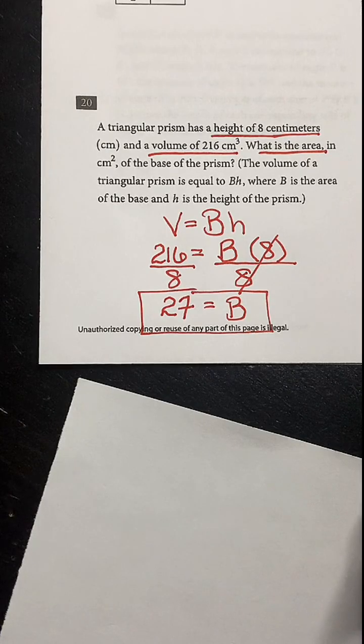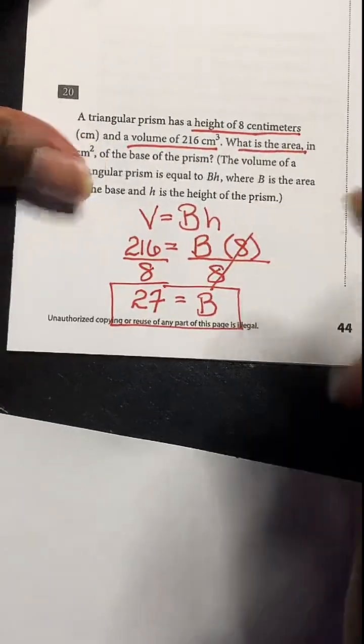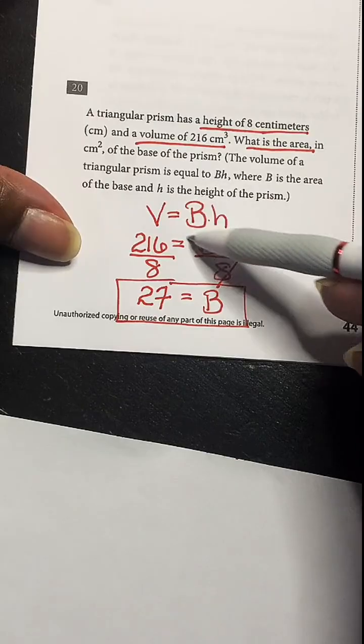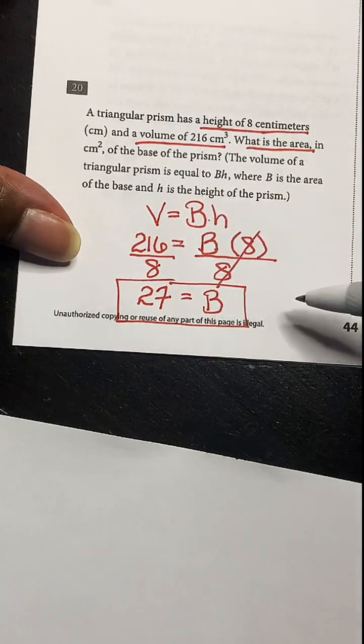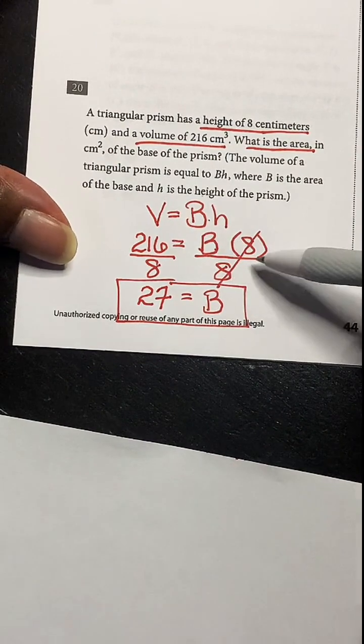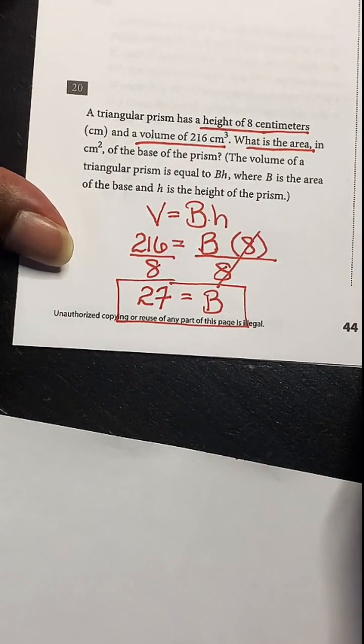See? You guys were all freaking out. We didn't say that we had to find the area of the base. They just said, what is the area? So if the formula is the area of the base, the capital B, times your height, we didn't have to dissect this part. We just had to divide both sides by 8 to get our 27.